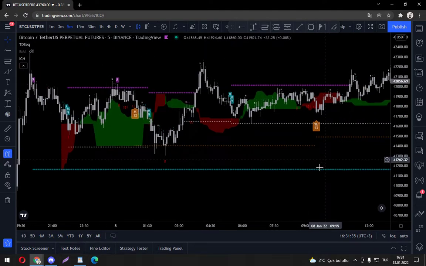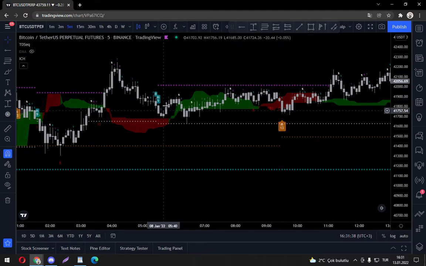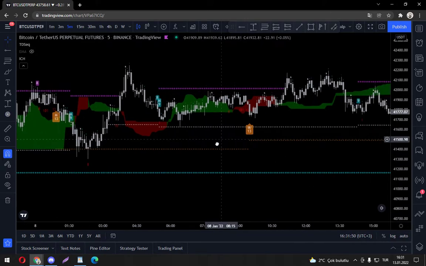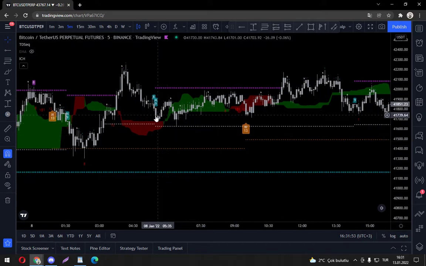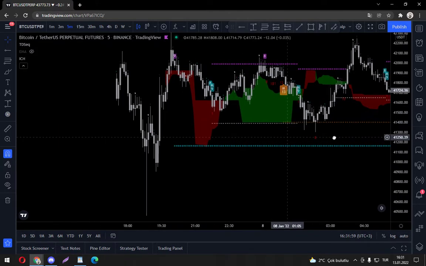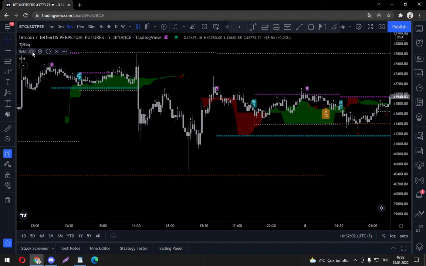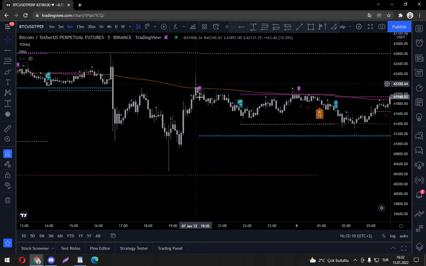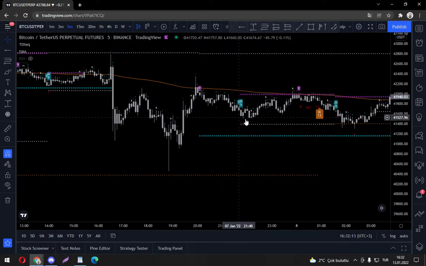So here we have a TD Sequential buy setup above the Ichimoku cloud, and then it goes a little up and pulls back towards this top level of TD Sequential, and then gives quite a nice profit, and the risk reward is actually fairly good too, like above 2 at least. And so let's check the EMA here. Yes, for example, here the price closed below the 200 EMA, and then it's a fairly nice profit to have.